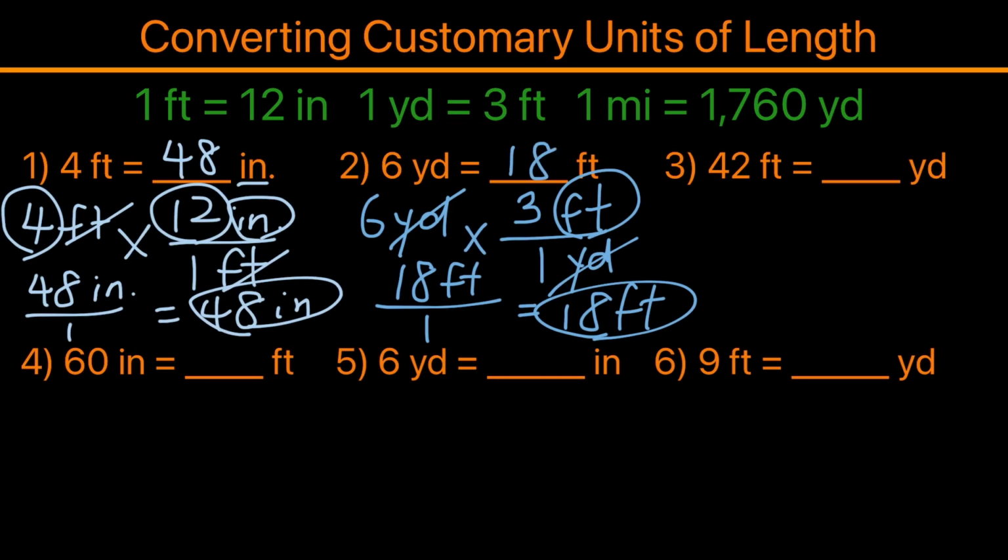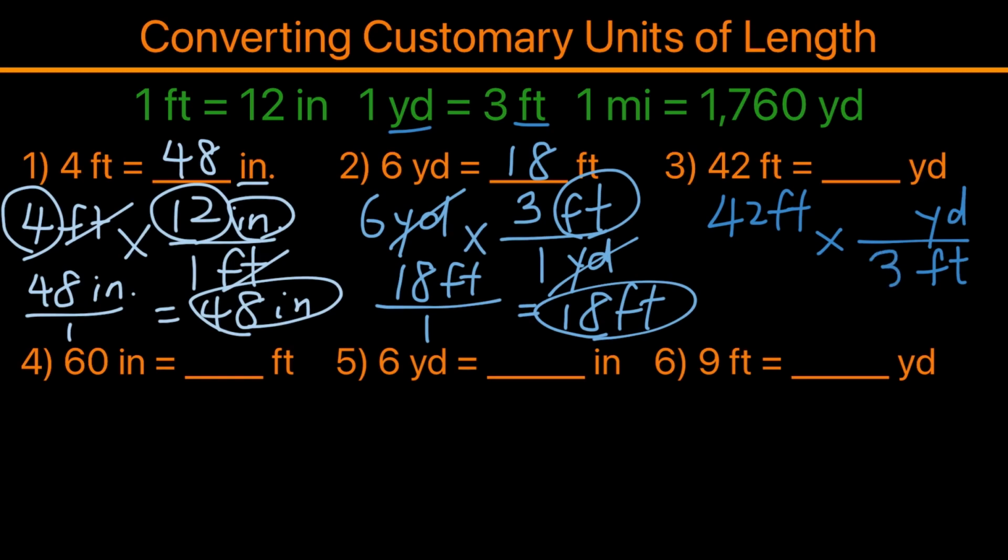Next, we have 42 feet converting to yard. So we'll write out 42 feet. From the conversion method on top, we can see feet and yard here. So we're going to use this conversion. And we need feet to be on the bottom because we need to cancel them out. And we need the yard on top because the final answer needs to be in yards.